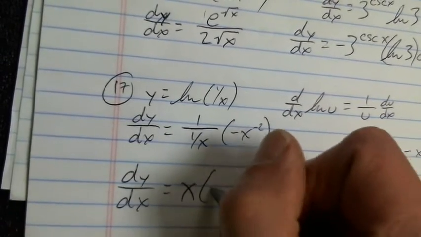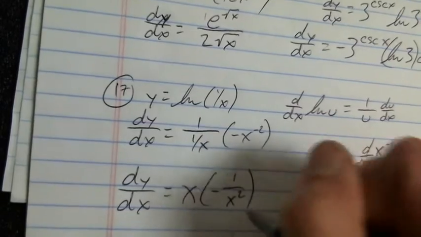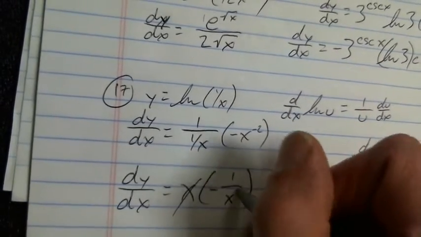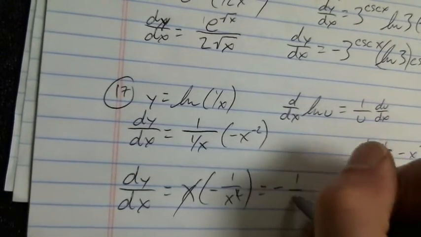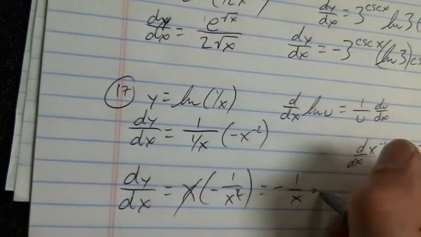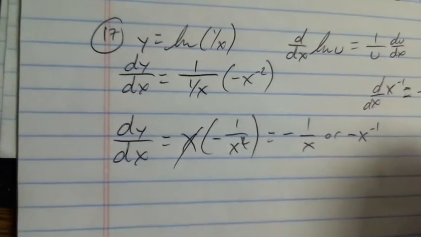And then this is times negative x to the negative 2, which is 1 over x squared. So this x and that one can cancel. So this winds up being negative 1 over x, or negative x to the negative 1. Either one will do just fine.